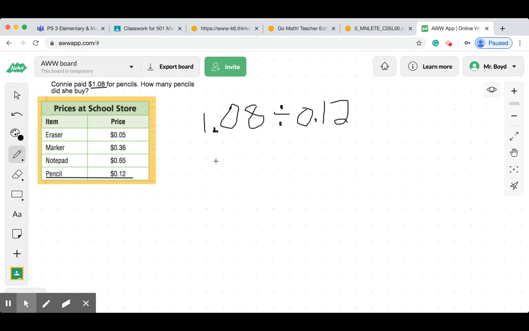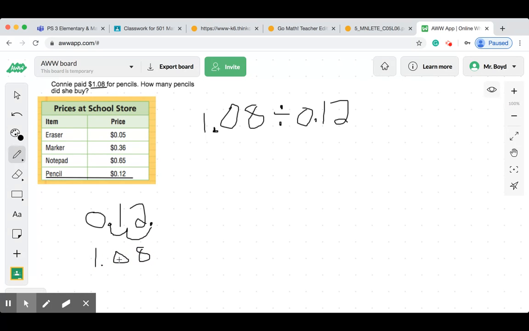Now I'm just dividing. So the first thing I need to do is take my 12 cents, because that is going to be my divisor. Now I need to change it into a whole number. So I'm going to need to move my decimal point all the way to the right. So I'm going to have to move it 1, 2 place values to make it a whole number. So that means in my dividend, I am going to have to do the same thing.